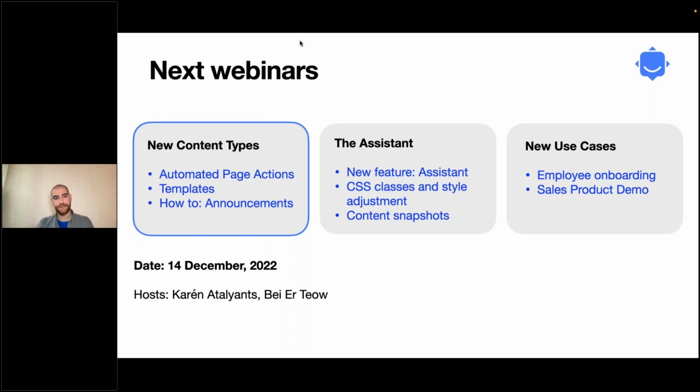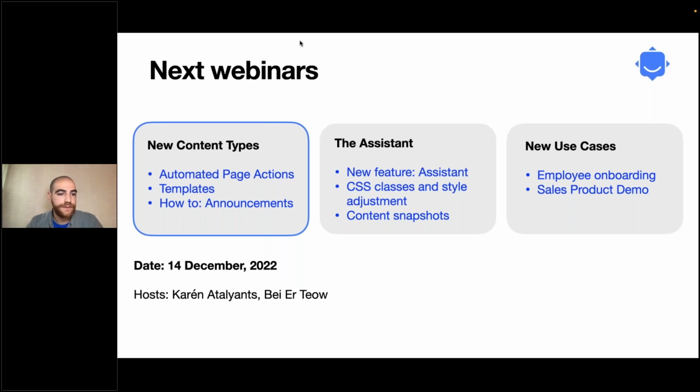Automated page actions is a very interesting feature. Essentially, it can automatically click on different UI elements when your user clicks next in the tour. It can also autofill form fields if that information is available to Useful.